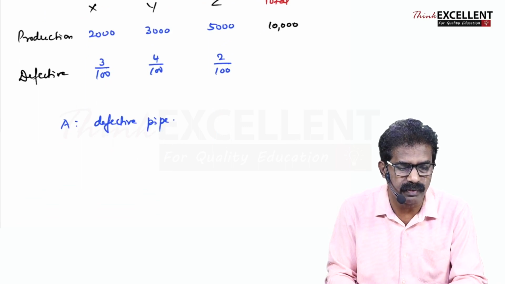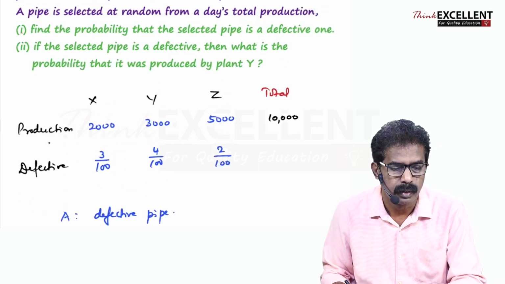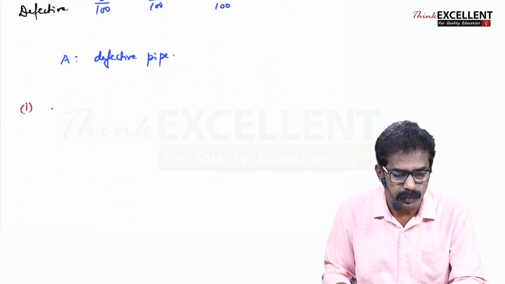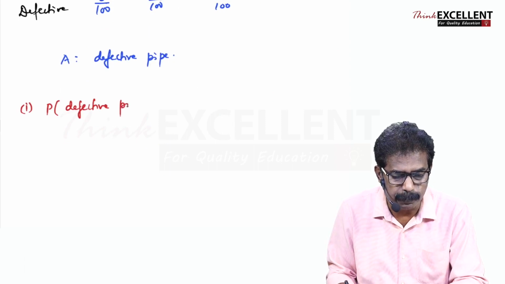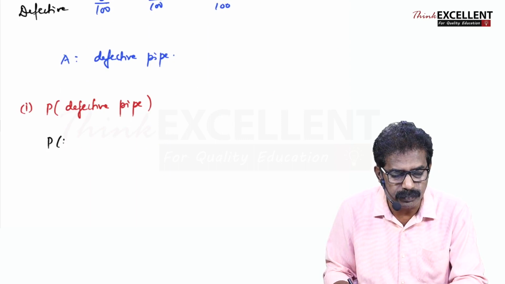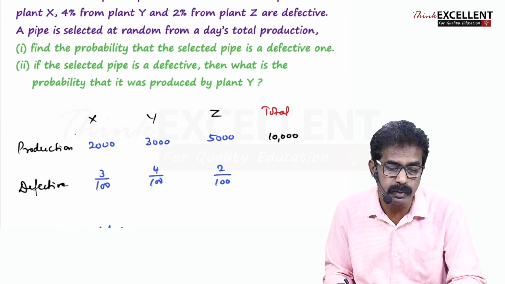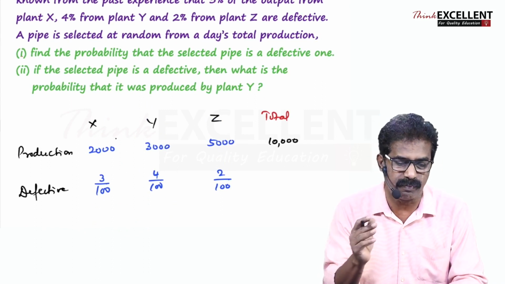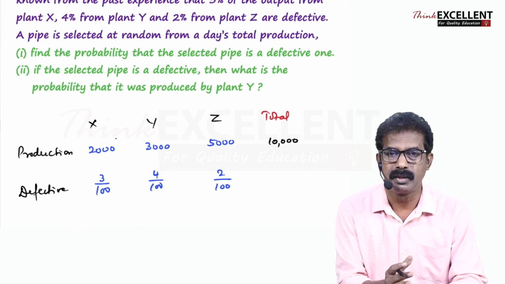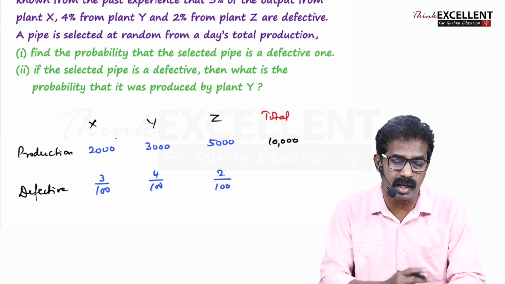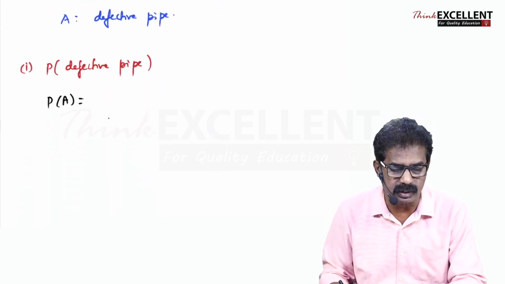Now see the first subdivision. See what they asked in the first one. Find the probability that the selected pipe is a defective one. Probability of defective pipe, that is, you have to find P of A. Total probability: a defective pipe is produced by all the 3 plants. There are 3 possibilities. Select X plant which produces defective, or select second which produces defective, or select Z which produces defective.